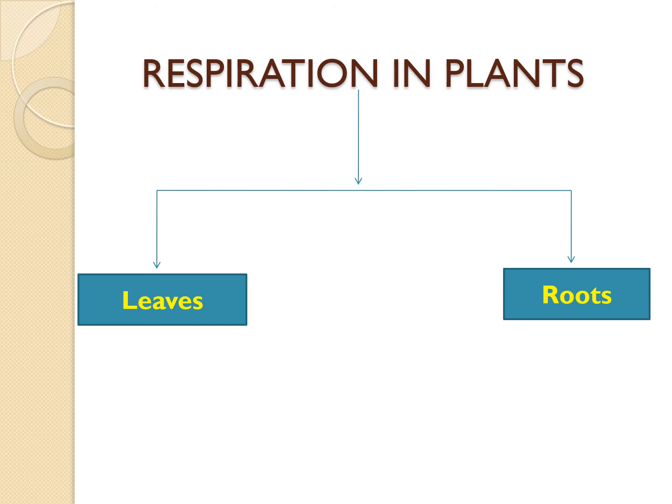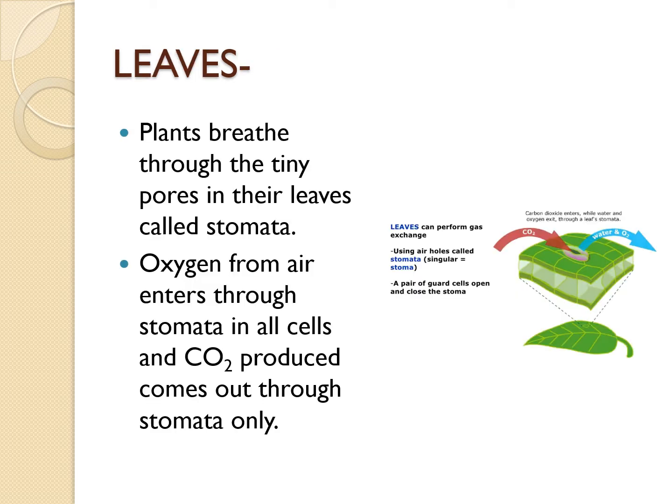The next is the respiration in plants. Respiration in plants occurs in two ways, with the help of leaves and roots. First of all, we will take the case of leaves and then we will discuss the roots. For the case of leaves, plants breathe through the tiny pores in their leaves, which are called stomata.